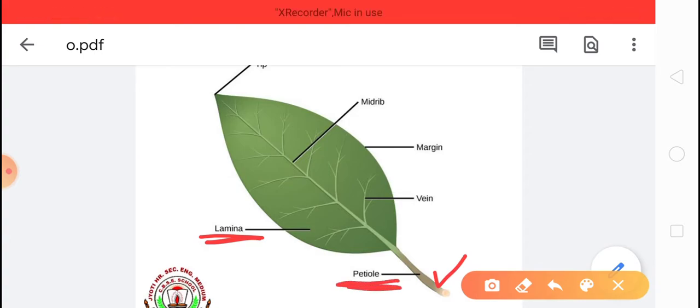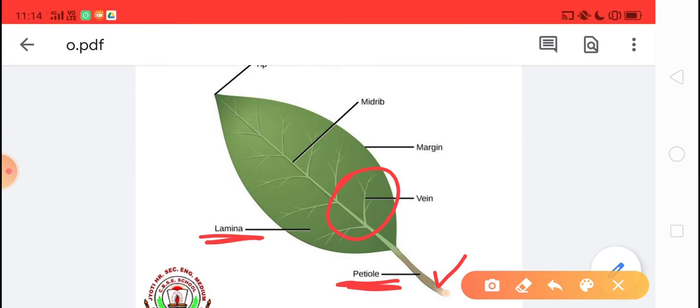Narrow short stalk which is attached to the stem of the plant, that small stalk is called petiole, and with the help of the petiole the leaf is attached to the stem. On the leaf some fine lines we can see in the picture which are present on the surface of leaf.